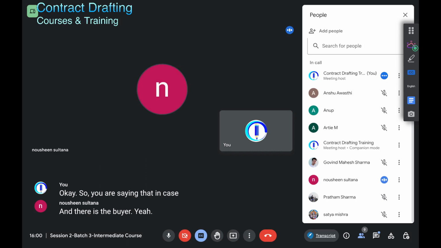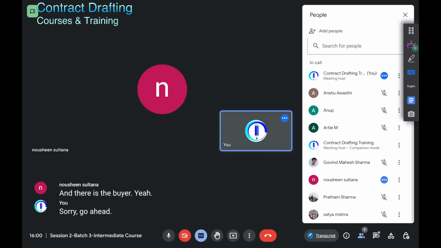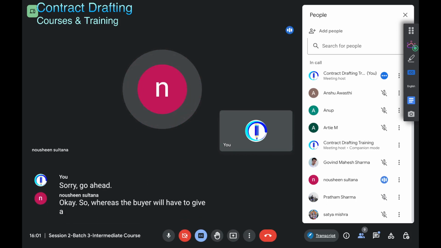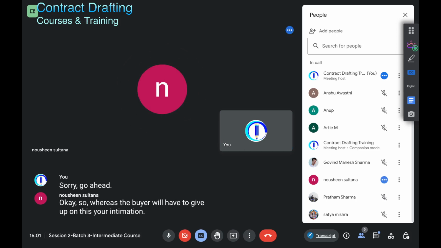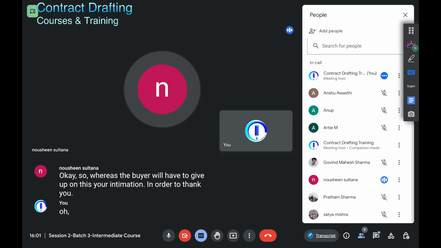Whereas the buyer will have to give a notice, prior intimation, in order to conclude or cancel the agreement.